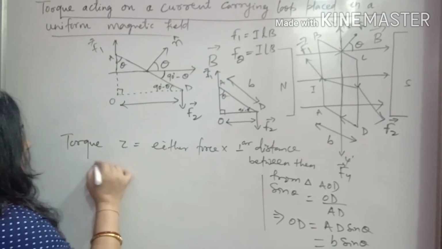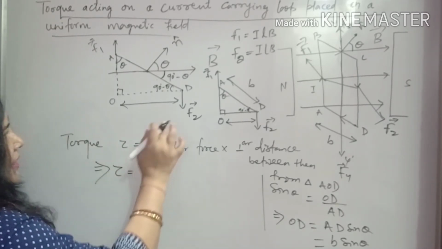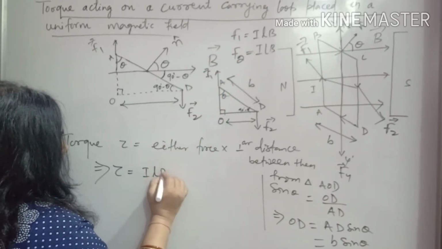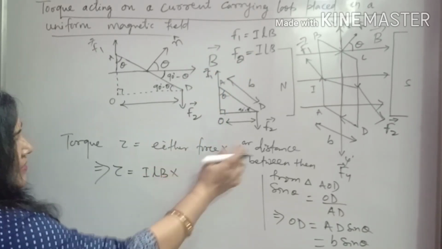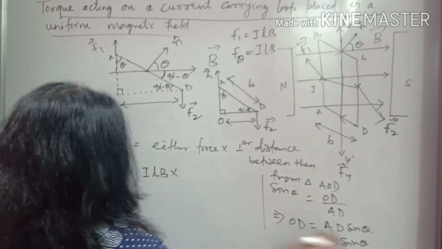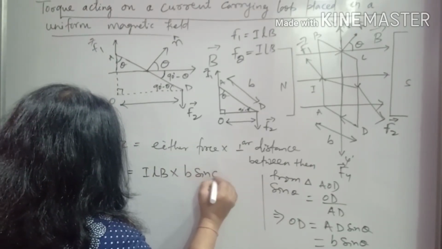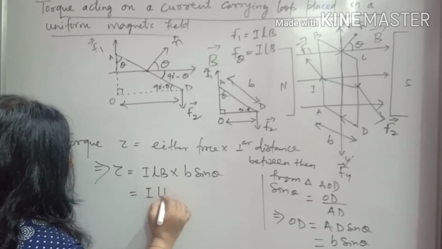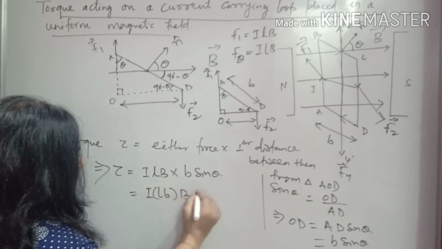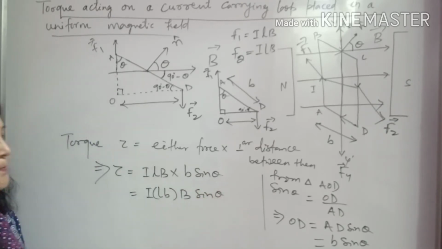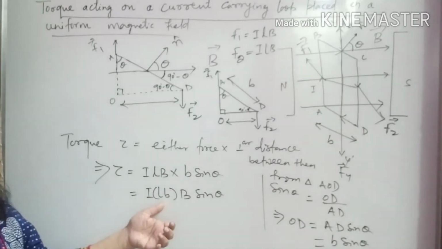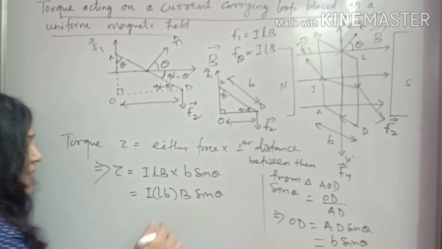That means we can write tau equals either force, which is ILB, times the perpendicular distance, B sine theta. So this is ILB times B sine theta. Now what is L times B? That is the area of this rectangle, because length times breadth gives the rectangle's area.